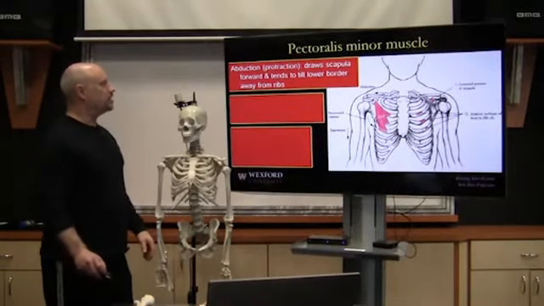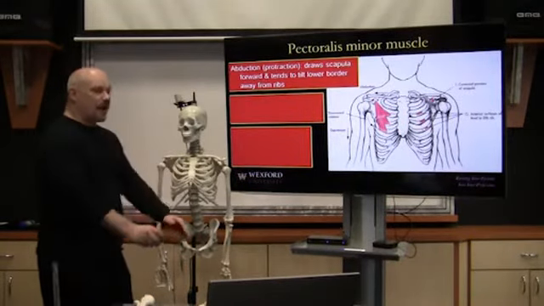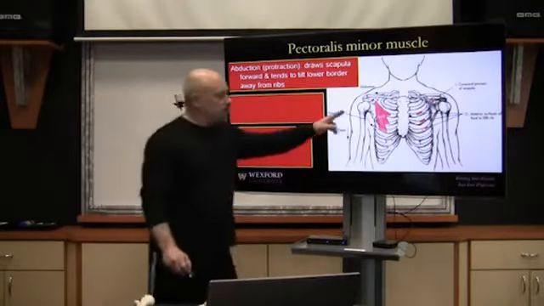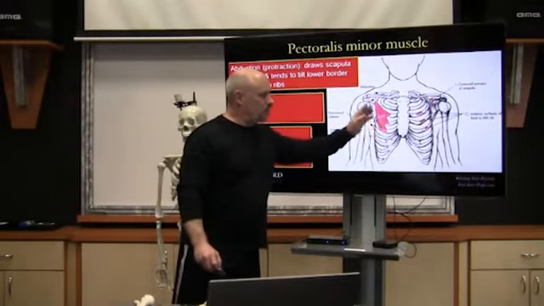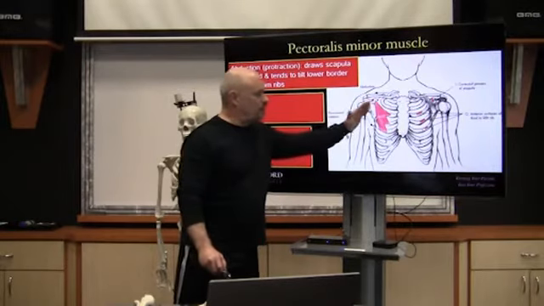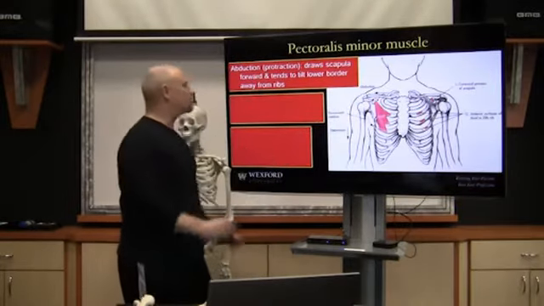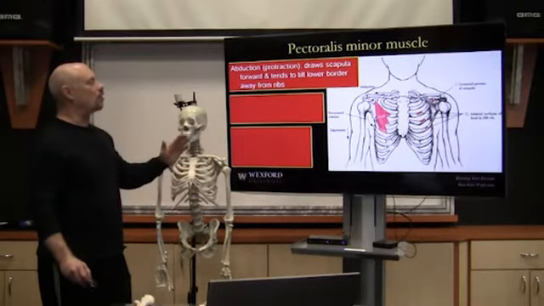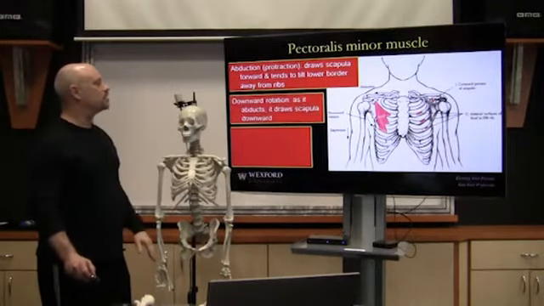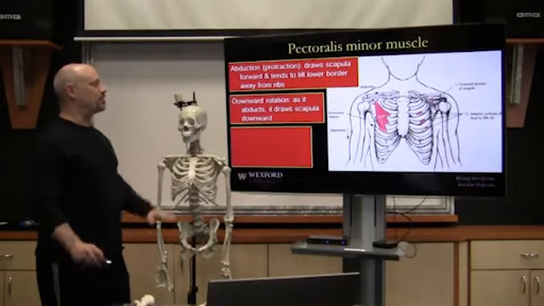Pec minor does abduction or protraction. So look when they're pulling. Origin and insertion. Insertion always pulls toward the origin, so it's going to pull it away from the spine. It tends to tilt the lateral border of the lower border away from the ribs. It does downward rotation.